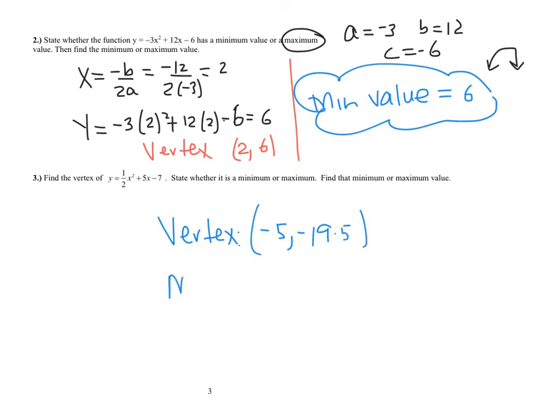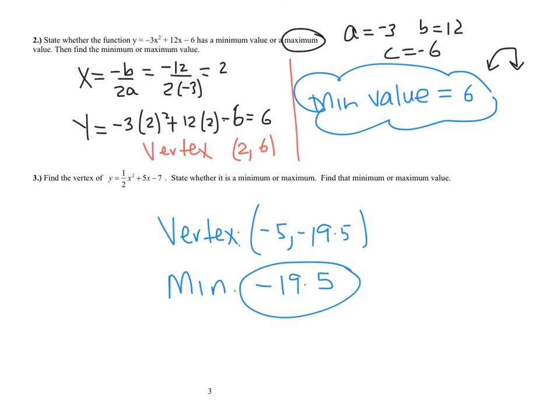And then here, the minimum value is going to be -19.5.